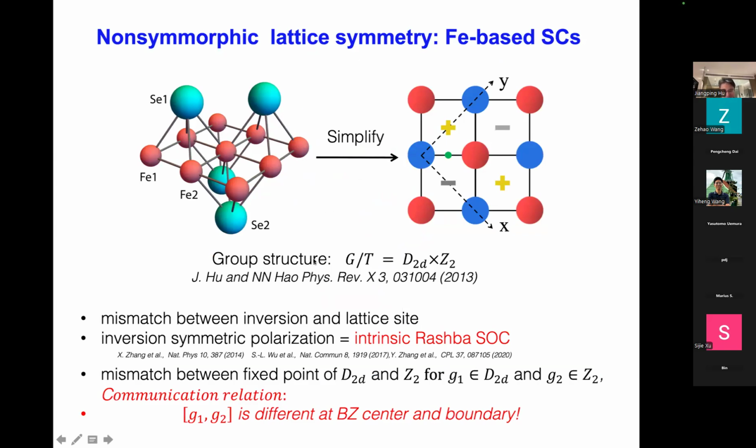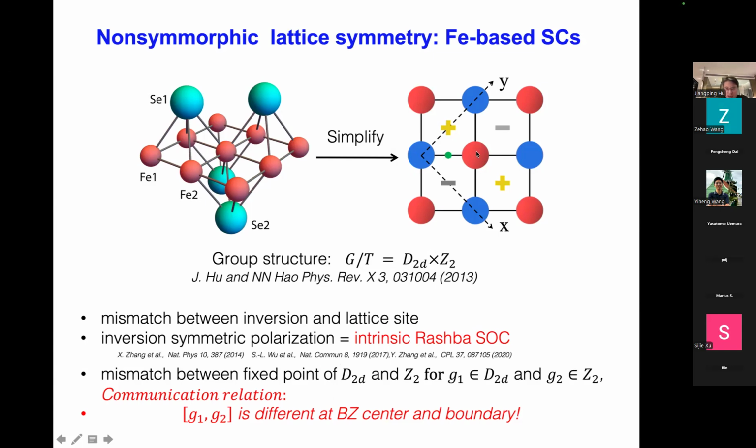Very early on, I used the nonsymmorphic group to discuss these symmetry issues in iron-based superconductors. One thing to notice is that the inversion symmetry in the iron-based superconductor is located between two irons, at the middle of the two iron bonds.